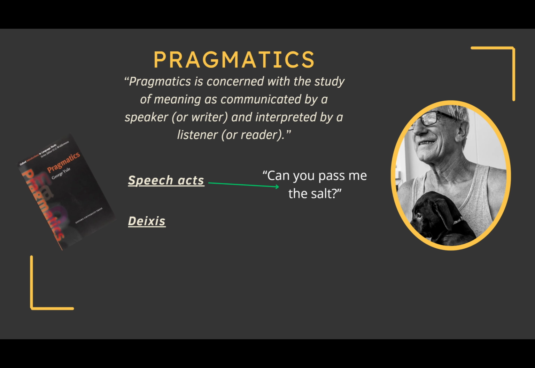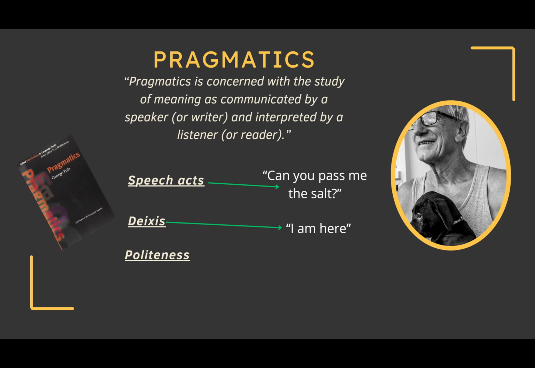Then another concept is deixis. These are words that change meaning depending on who is talking and where. So, for example, if I say, "I am here," well, the meaning of the sentence will depend on who is saying the sentence and where I am, or where the person is, right?